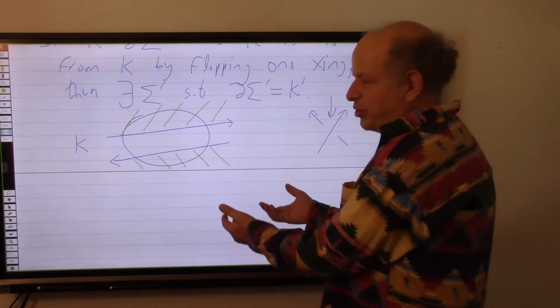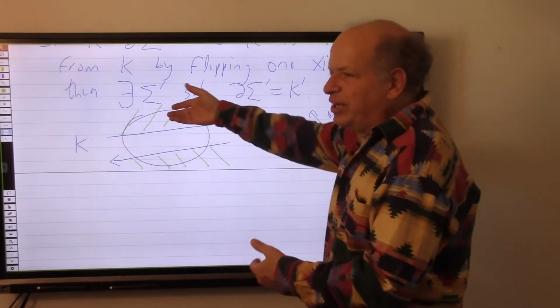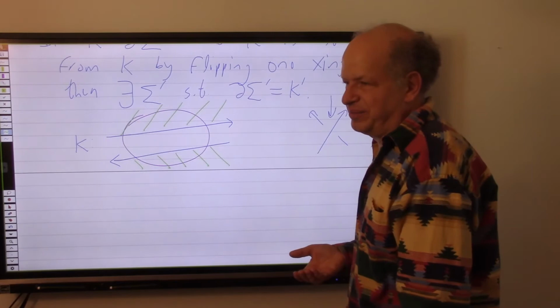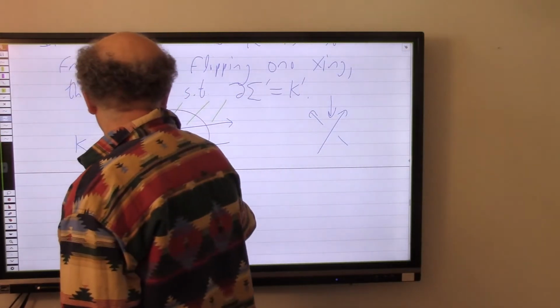And now I want to create a surface for the thing that I get when I flip the crossing. Fortunately, that is very easy.